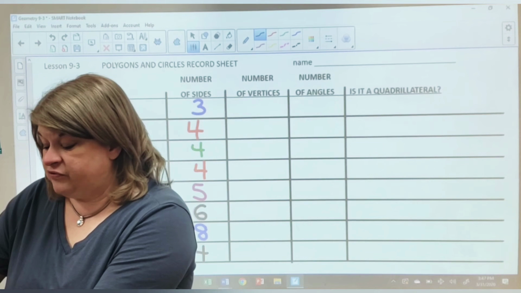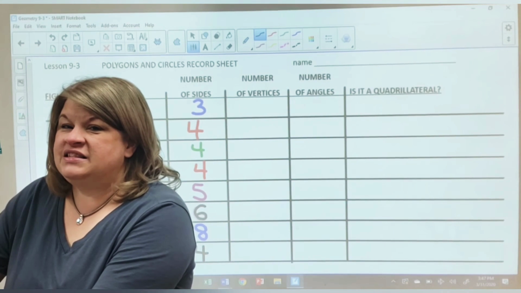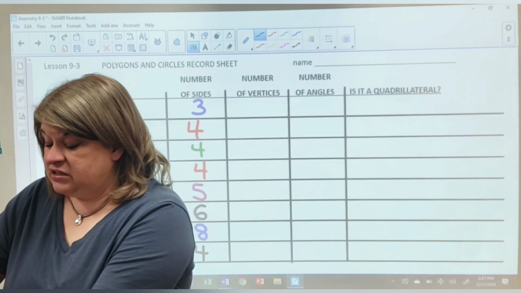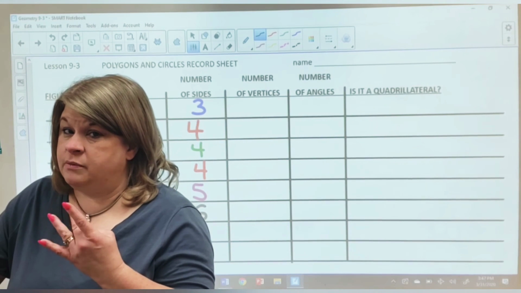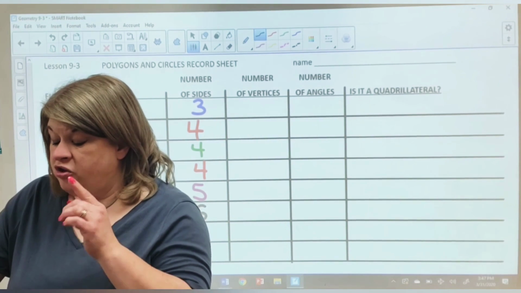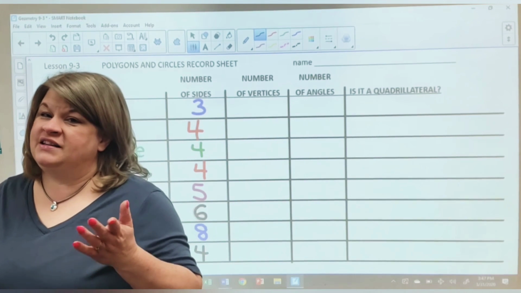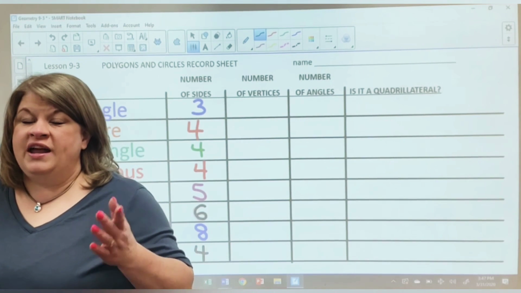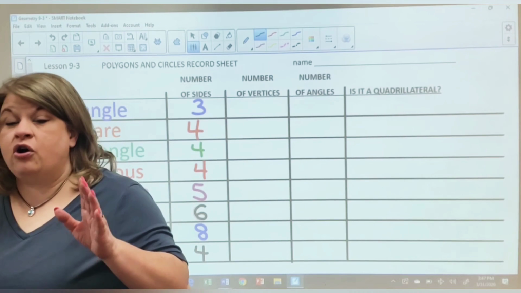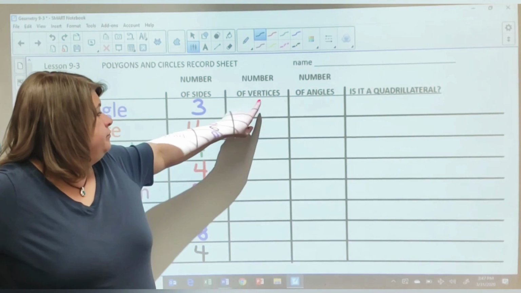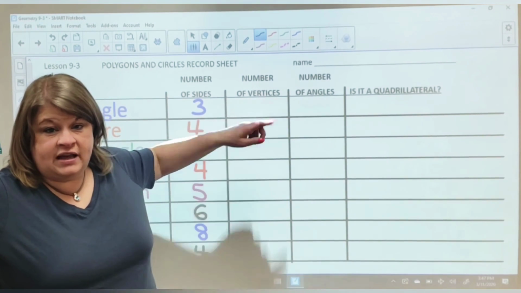Each one of them is a vertex. This word vertex is a Rule 4 word when it comes to making it plural. Vertex is 1. If we make it plural, it doesn't follow the rules. Instead, they're called vertices. This is the plural of vertex.